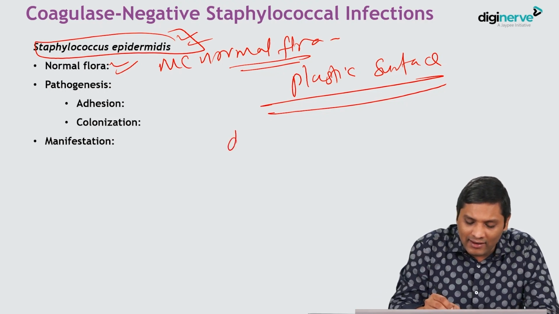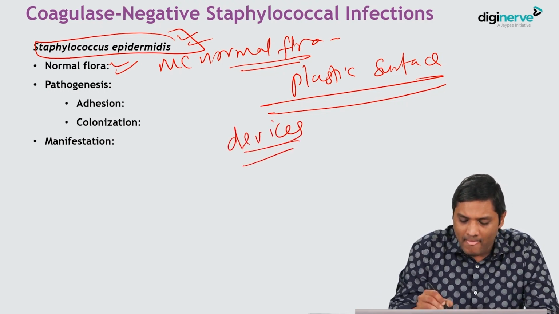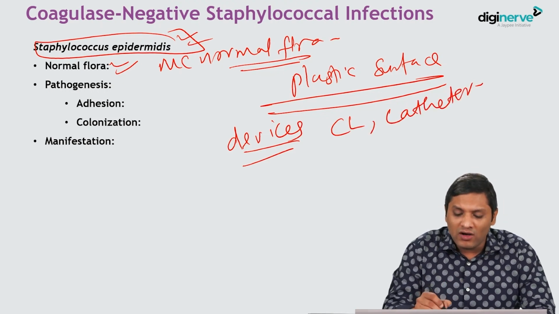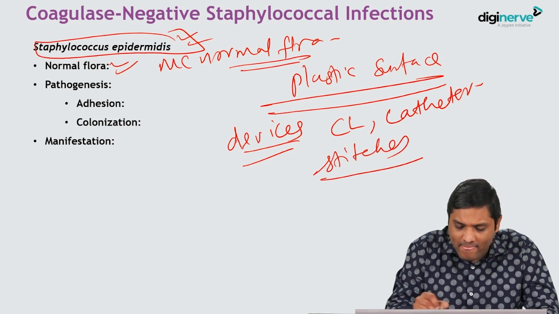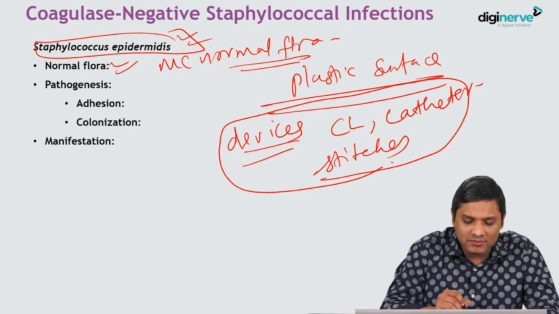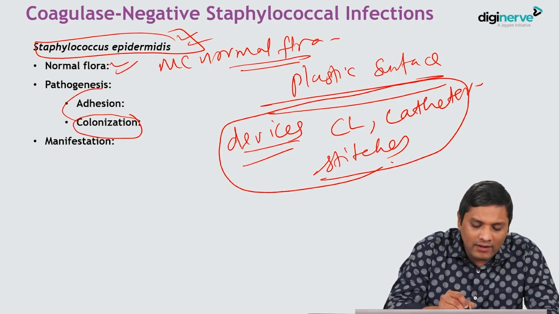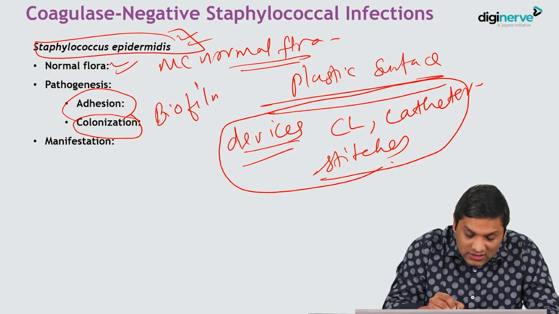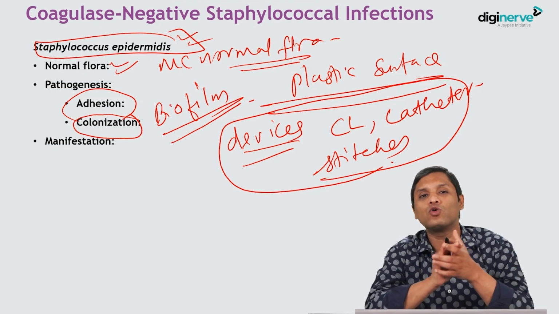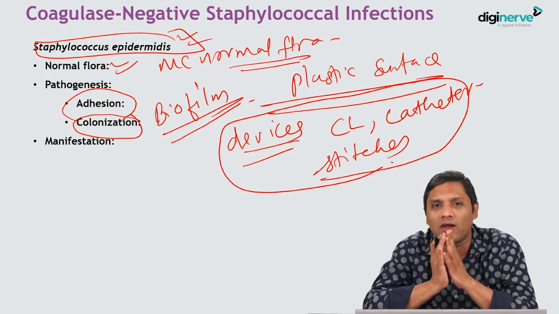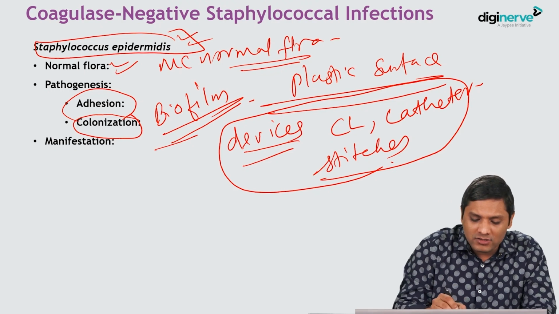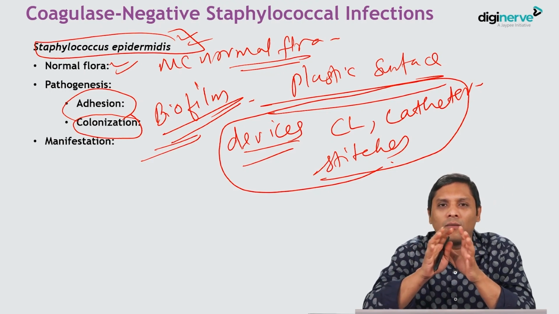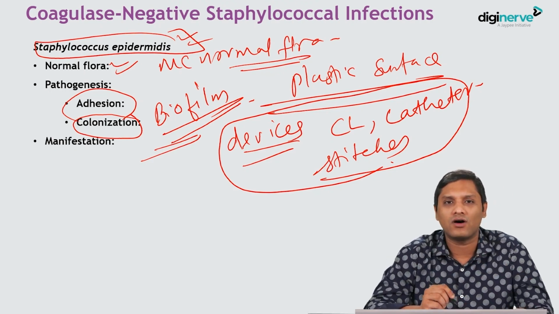So if you have any devices, like central line or even urinary catheters or even stitches, then this organism is able to colonize and adhere because they produce biofilm. Staphylococcus epidermidis is known to produce biofilm over plastic surfaces, and as a result they can cause infection.